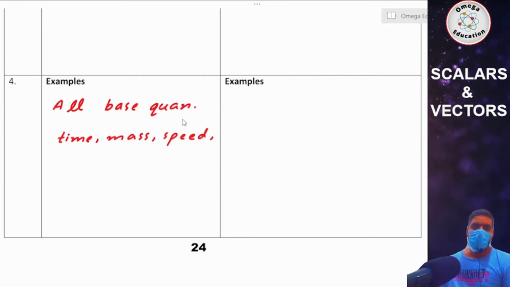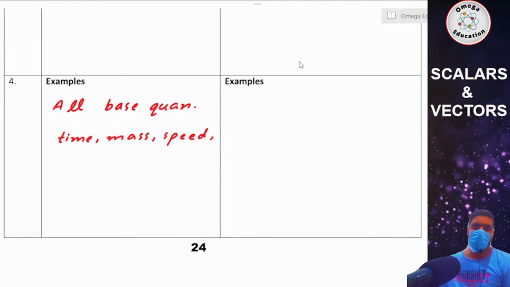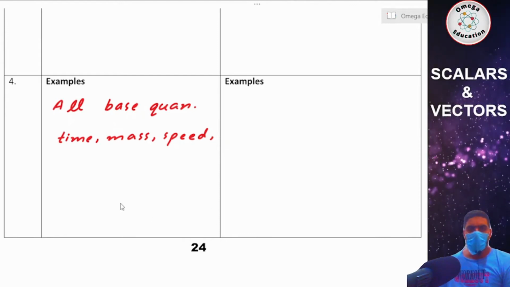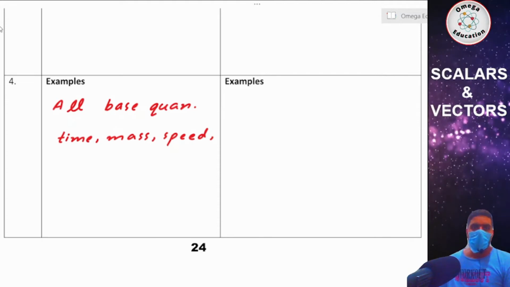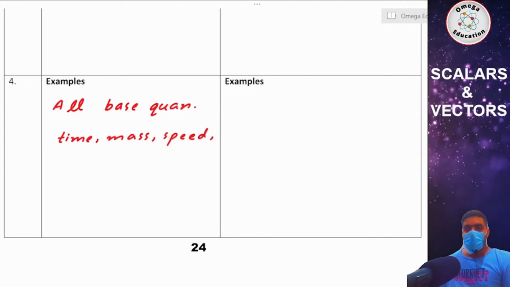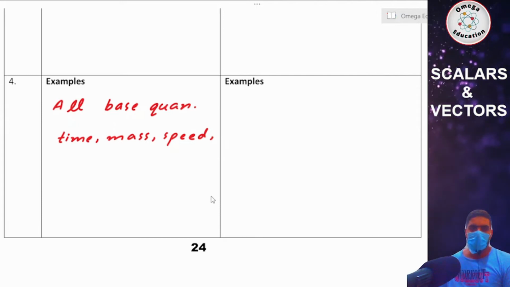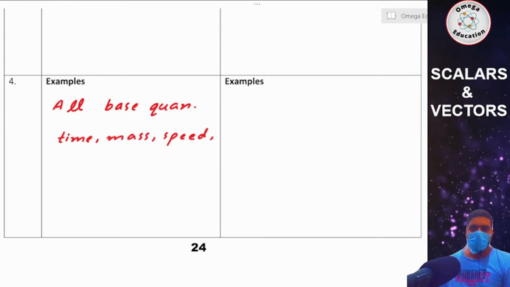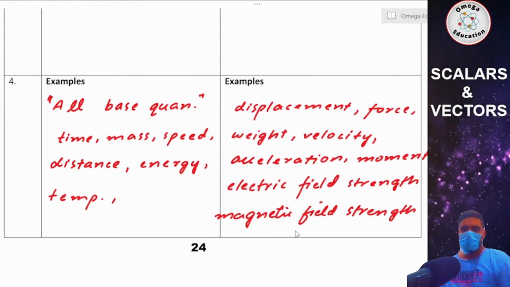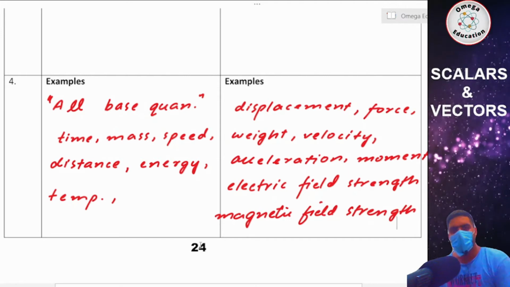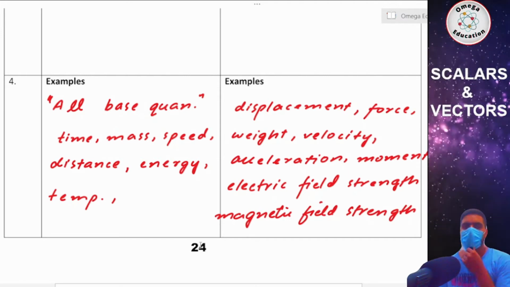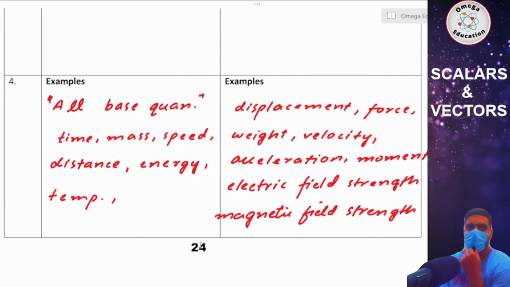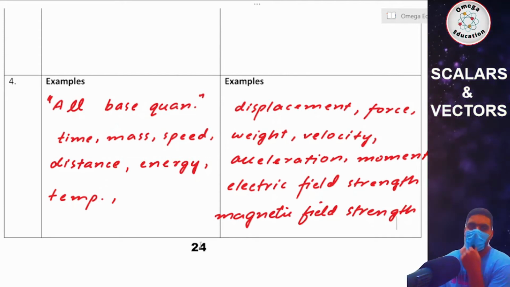Now, how many of these scalar quantities and vector quantities do you need to memorize? The answer is only the quantities that have been demanded by Cambridge. You can find them in your syllabus breakdown as well. Here are the quantities that are explicitly mentioned in the syllabus that you need to memorize, or be able to answer whether they are scalar or vector.